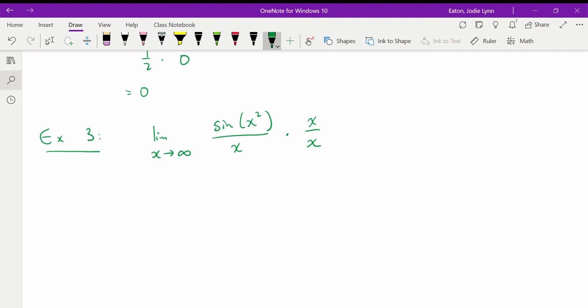So we want to have just an x squared in the denominator, so this is the limit as x approaches infinity of x sine x squared over x squared. These are now the same.